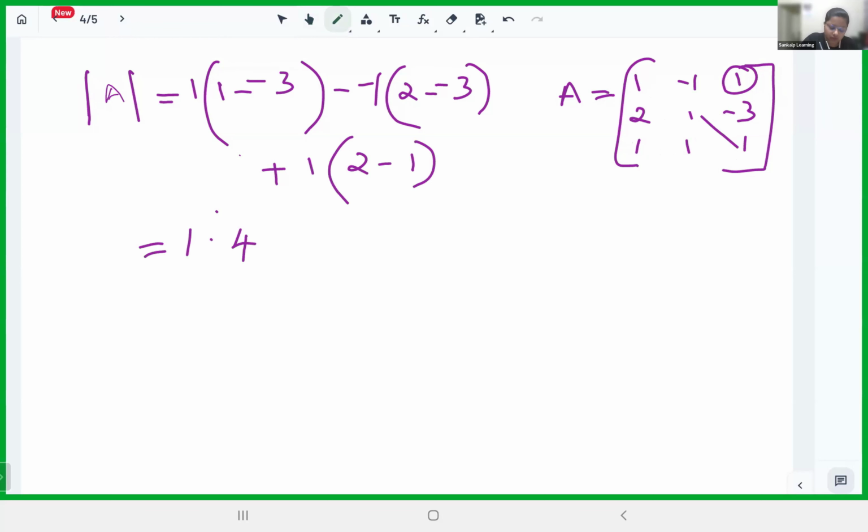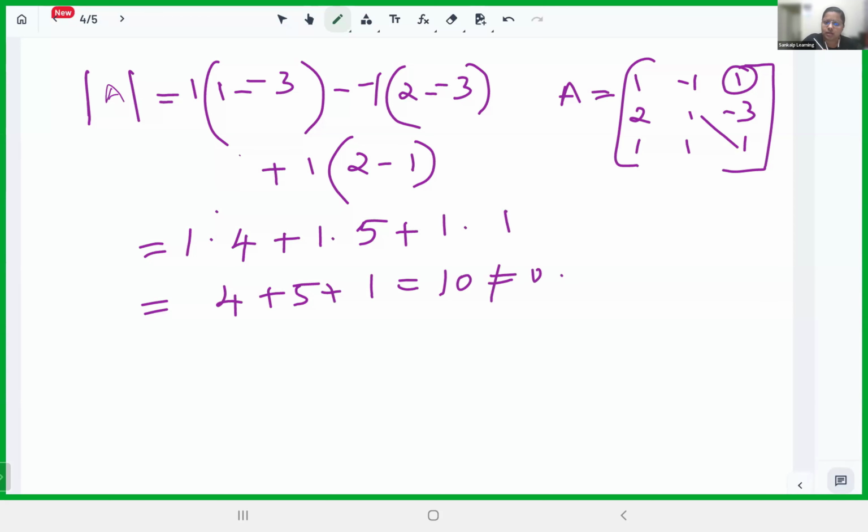Then minus minus 1 is plus 1. Plus 1 into 2 minus minus 3 means 2 plus 3, that is 5, plus 1 into 2 minus 1 is 1, right? So the answer is 4 plus 5 plus 1, that is equal to 10, which is not equal to 0. So we can say that the inverse of the matrix exists, right?